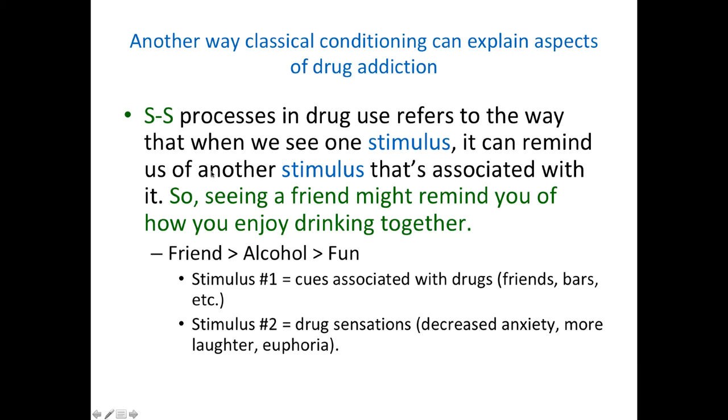What there is, is a reminder of, oh yeah, when I hang out with these people, I normally drink alcohol. Or when I go to this bar, I normally have a good time. So seeing a friend might remind you of how you enjoy drinking together. And so the associations are really just between different stimuli. You see a friend, reminds you of alcohol, reminds you of having fun.